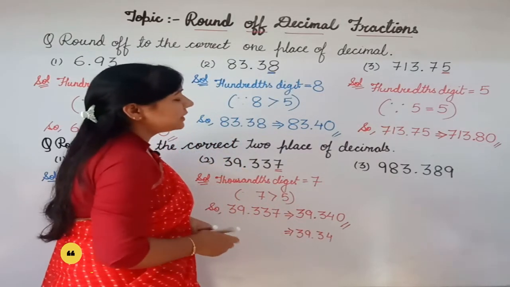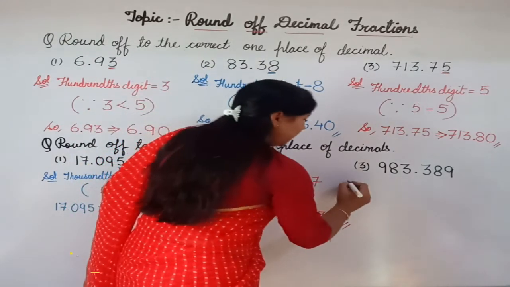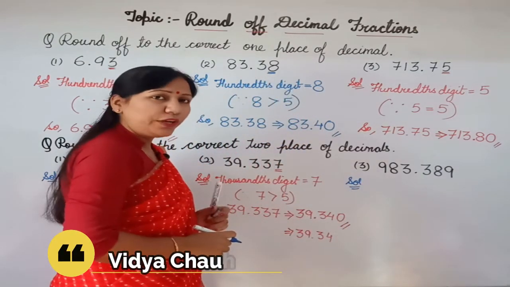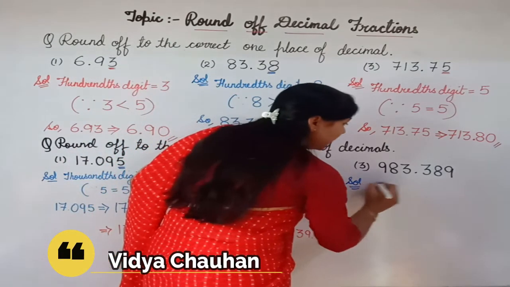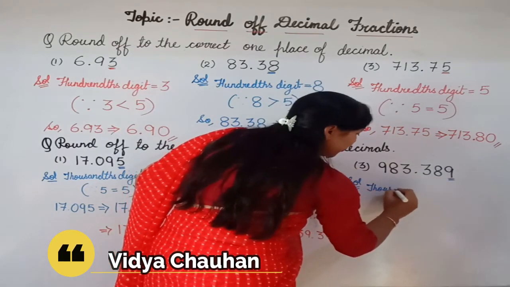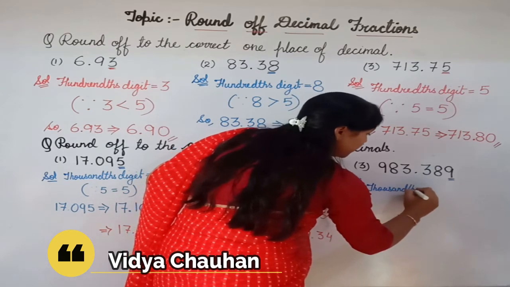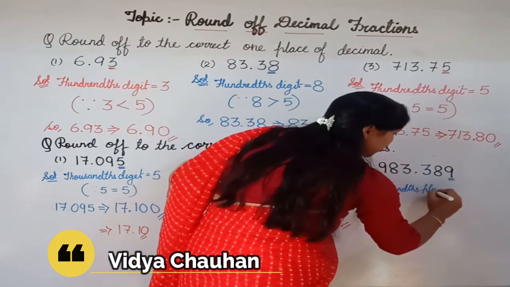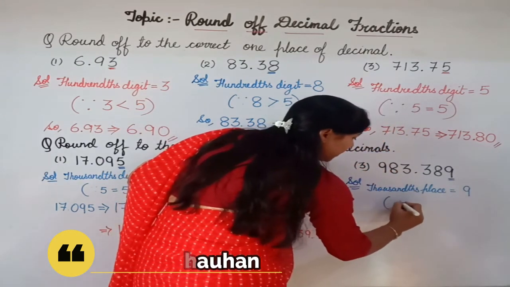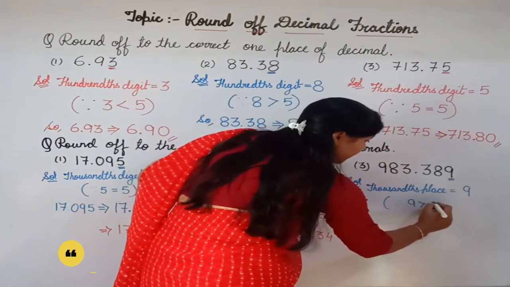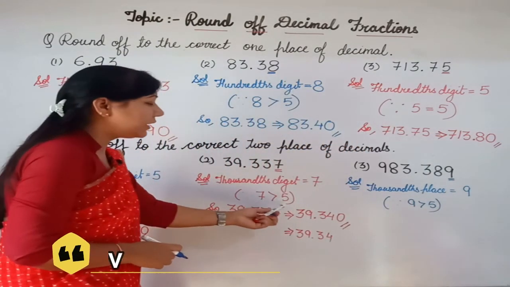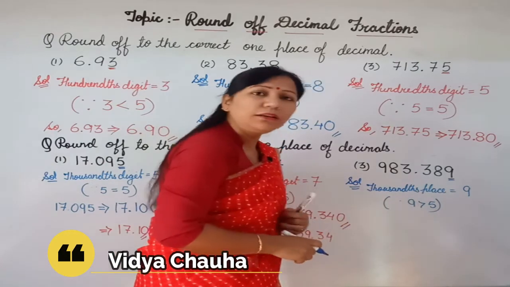Now moving forward to the third part, 983.389. We have to round off this number. Once again, the digit at the thousandths place is 9, and just like the previous question, 9 is greater than 5.